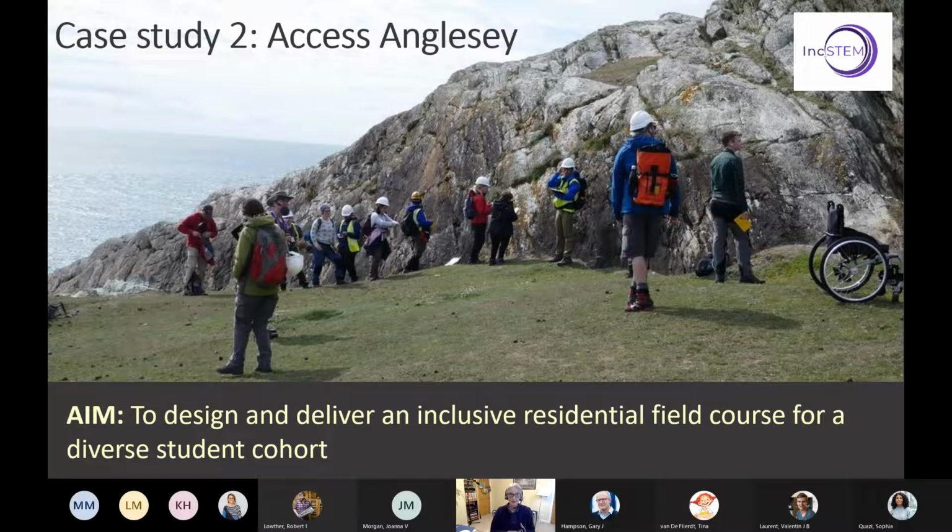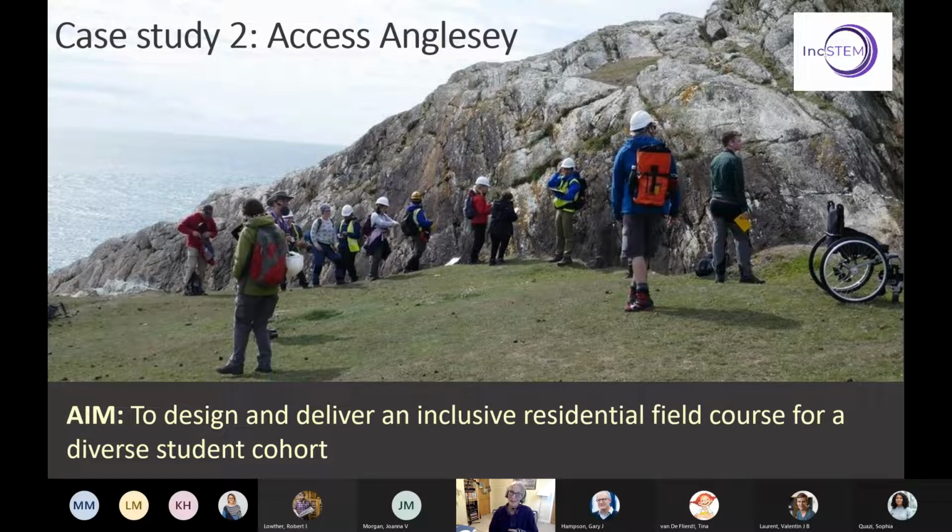It was a week-long, fully residential geoscience field trip designed and delivered by Jackie Houghton and Dan Morgan from the University of Leeds, again in collaboration with the International Organisation for Geoscience Diversity. The aim here was to design and deliver an inclusive residential field course for a diverse student cohort.